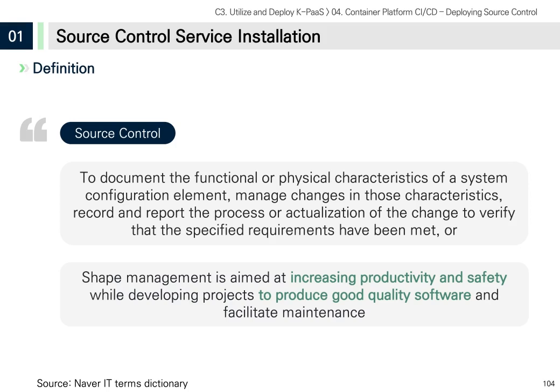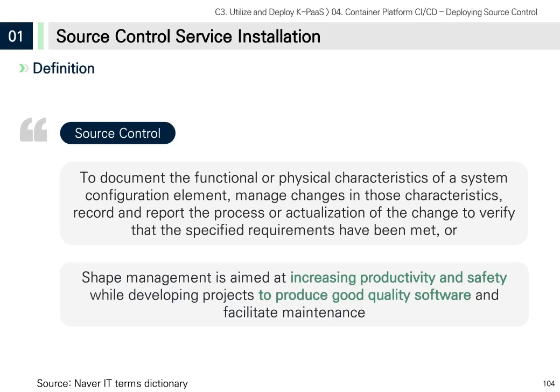In Section 4, we'll understand the concept of source control and other necessary components of implementing CI/CD, and how to build it in K-PaaS. Source control falls under the broad umbrella of configuration management, which is the act or process of documenting the functional or physical characteristics of elements of a system's configuration, managing changes to those characteristics, and recording and reporting the process or realization of those changes to verify that specified requirements have been met.